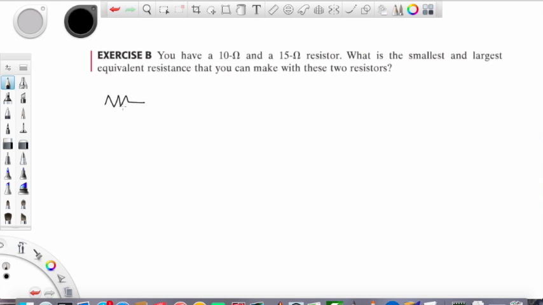So there's a resistor that's 10 ohms, and then we have another one in series that's 15 ohms. The R equivalent in this case is just the sum of the two, 10 ohms plus 15 ohms, which is 25 ohms.